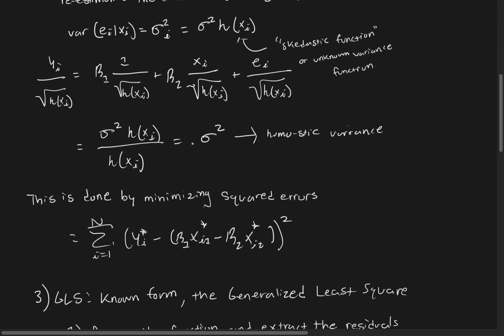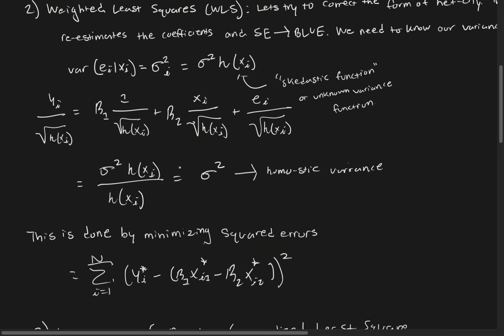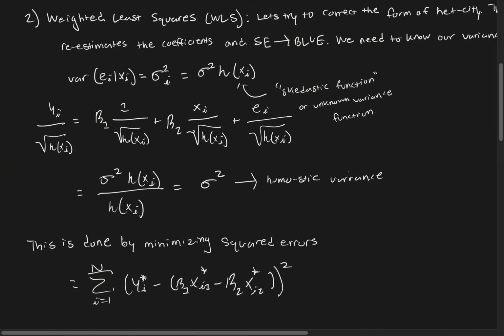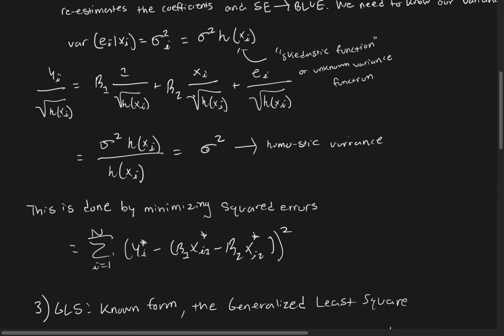Now we have our known variance, or our constant variance, that makes our variance homoscedastic. If you're asking why we divided by the square root and we didn't do it here, that's actually a good question. I'm pretty sure I didn't make a mistake in writing this, but nevertheless, the general concept is the same. We're dividing all the variables by the skedastic function, the unknown variance function, and that allows us to obtain the known variance function.